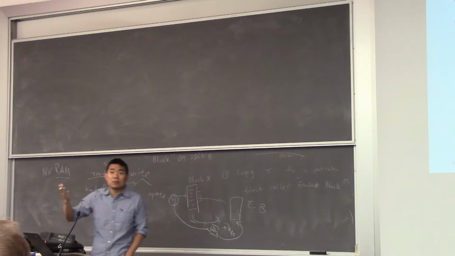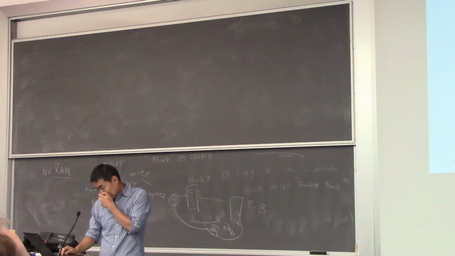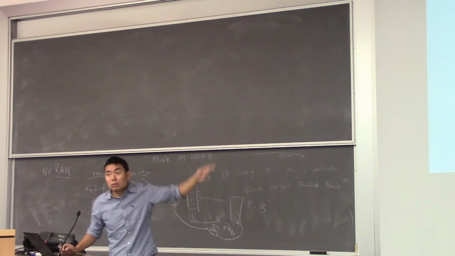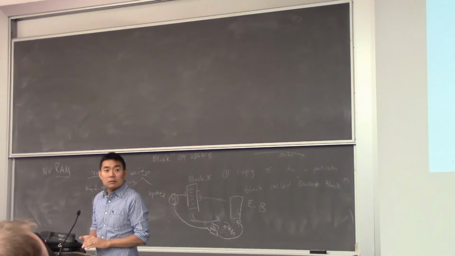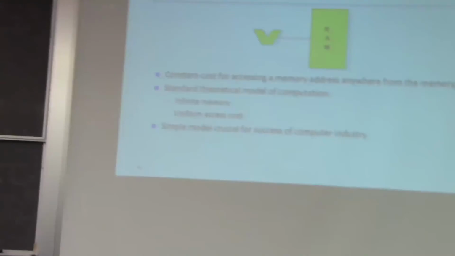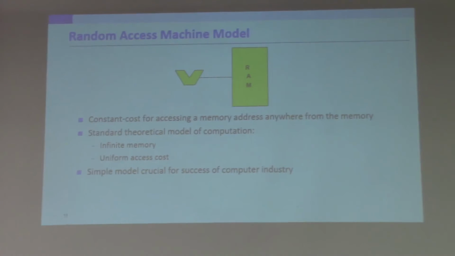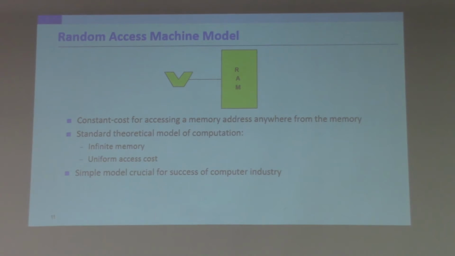RAM is random access memory, which is the model I explained last lecture. This is the RAM model I talked about, right? Unit cost to read data from anywhere, okay? But one drawback of RAM is it's volatile, meaning when you lose power or the system crashes, data in RAM is lost forever.